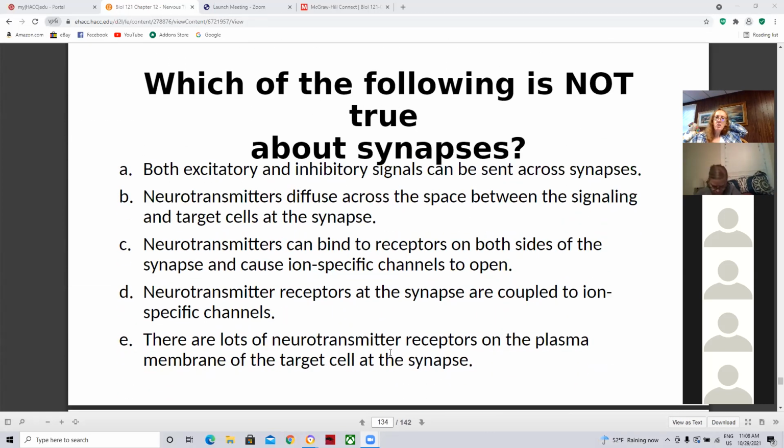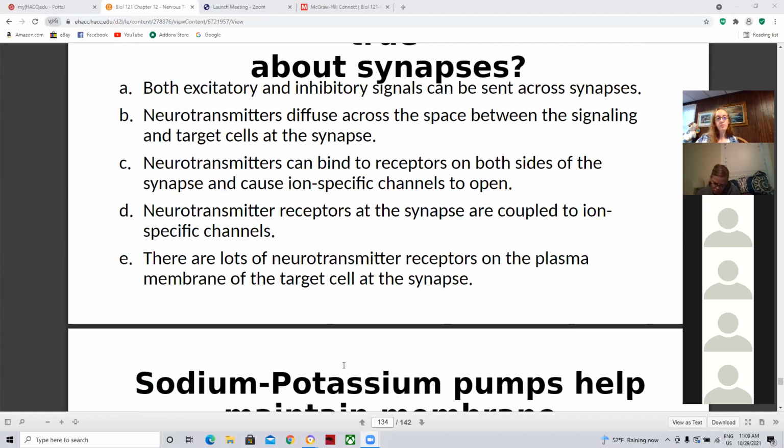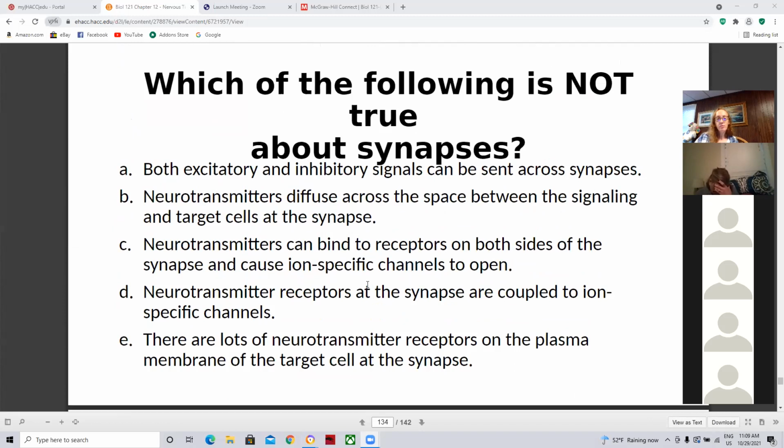Which of the following is not true about true synapses? I could be wrong, but could it be C?